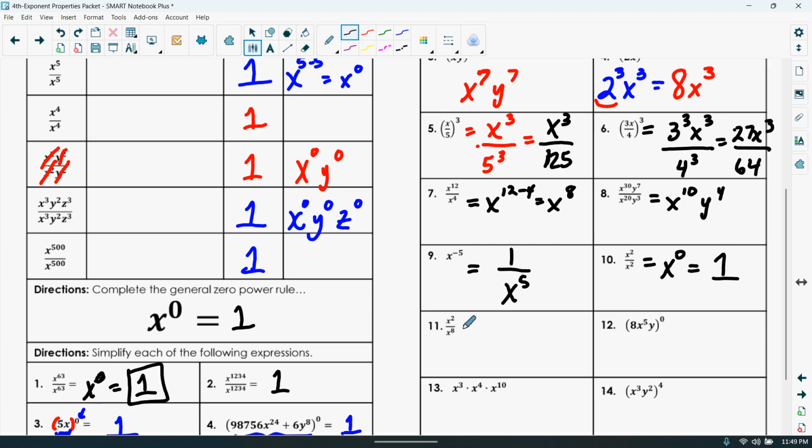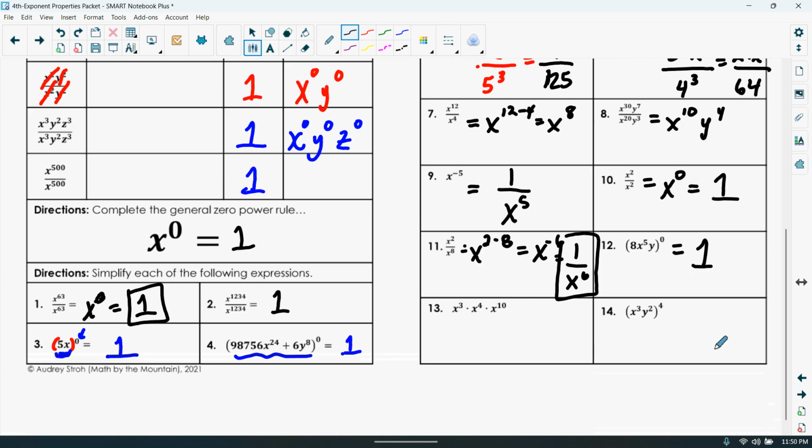Here I'm subtracting 2 minus 8, which turns into x to the negative 6. You cannot leave it like that. So this final answer is 1 over x to the 6th power. Anything to the 0 power is 1. And back to adding exponents.